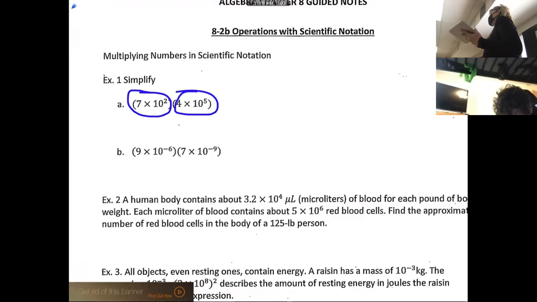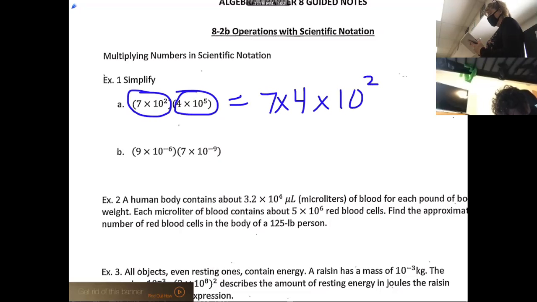So you can rearrange all the numbers to be multiplied in any way that makes it the easiest to multiply. So that means that 7 times 10 to the second and 4 times 10 to the fifth can be rewritten as 7 times 4 times 10 to the second times 10 to the fifth.